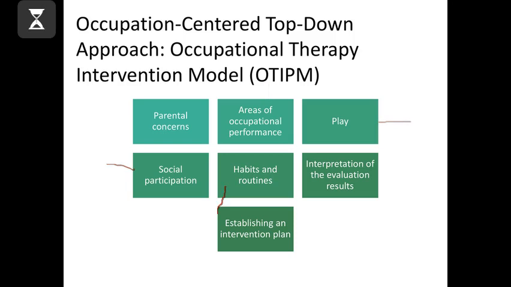The OT is going to interpret the evaluation results and then establish an intervention plan. There is a case study in the book, in the remaining pages of the chapter, that outlines how this occupation-centered approach was used.